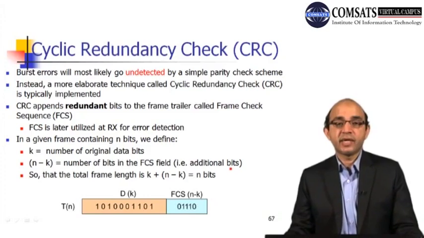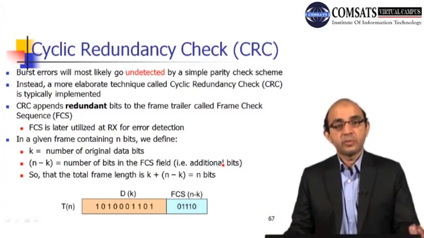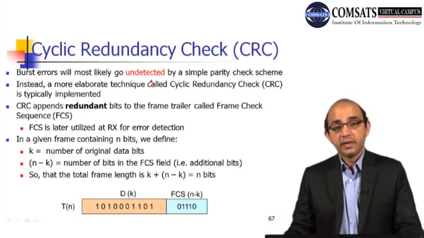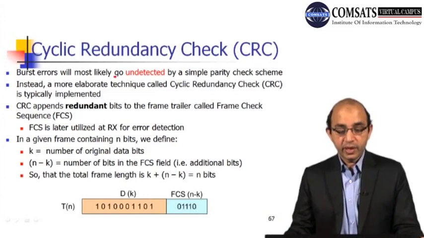In that case, if there is some problem with the signal, more bits will be corrupted, so we can have burst errors, and they normally go undetected by a simple parity check scheme.